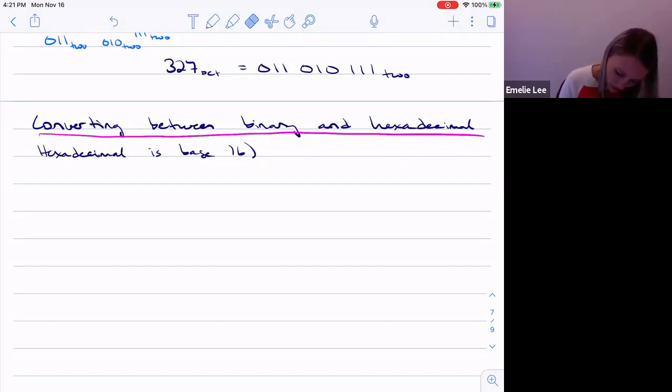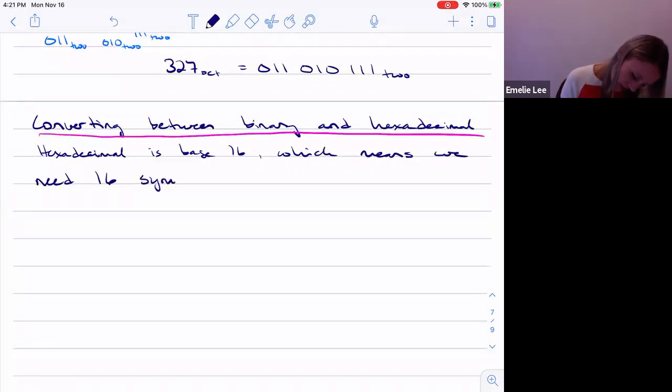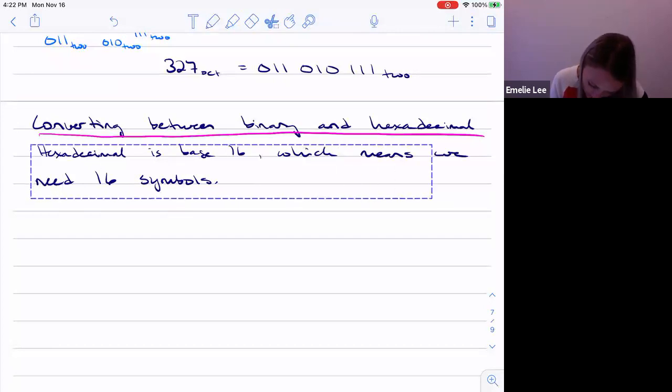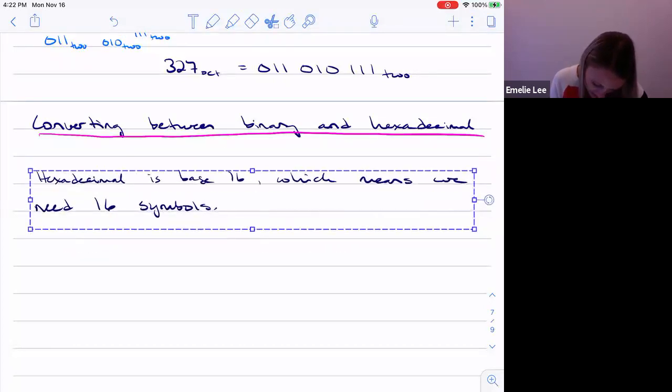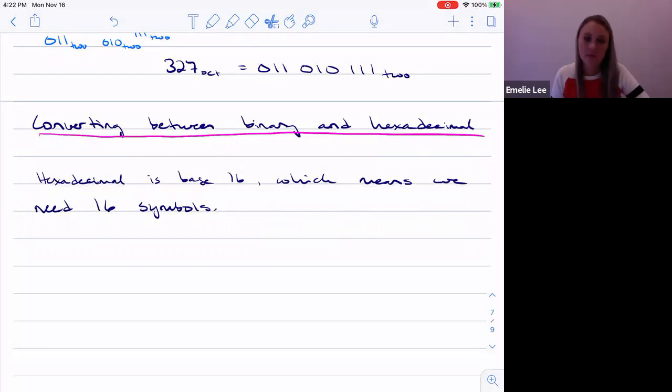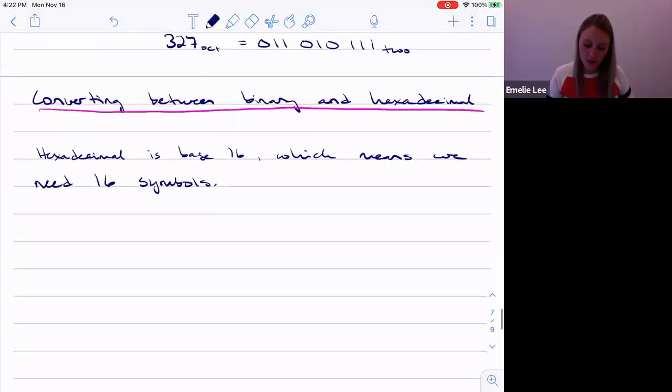Hexadecimal is base 16, which means we need 16 symbols. Maybe I should make a little space here. Okay, so we have 16 symbols. So let's start, and then we'll just go from there.